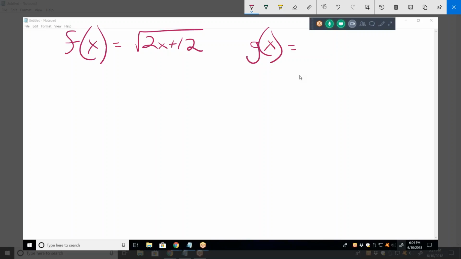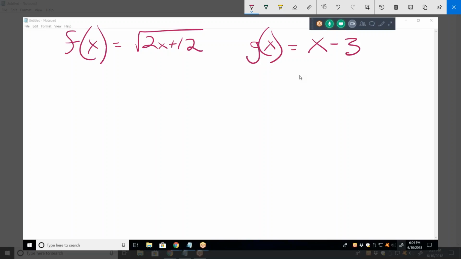Now I got some more that kind of gave me a little bit of trouble. For this one, it's using composite functions. I'll give you f of x equals square root of 2x plus 12. Then I have g of x equals x minus 3.